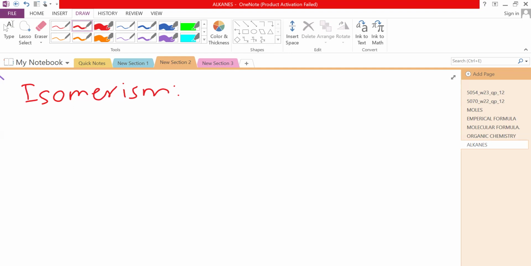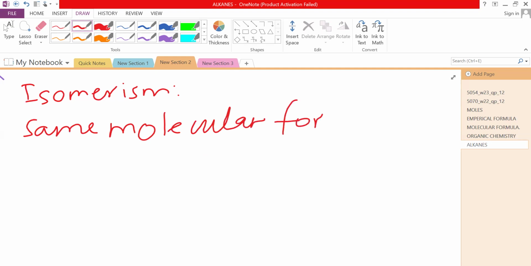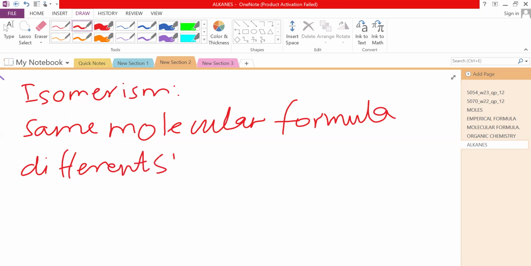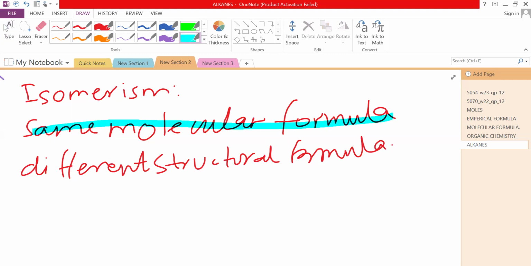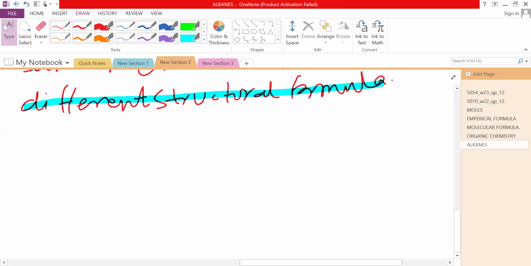They have same molecular formula but different structure formula. Same molecular formula, different structure formula.